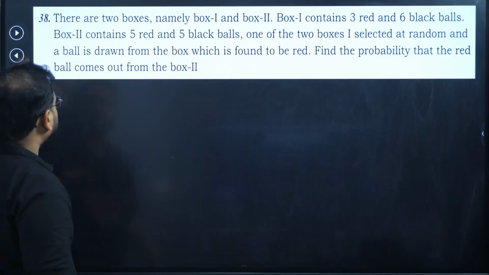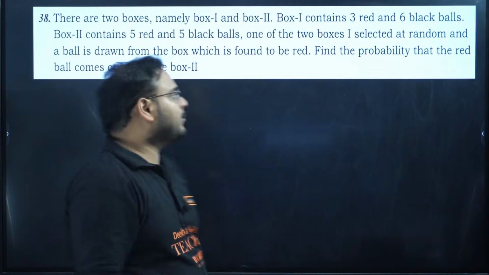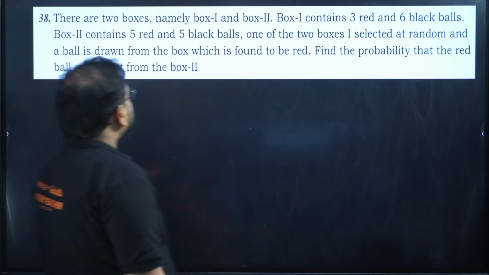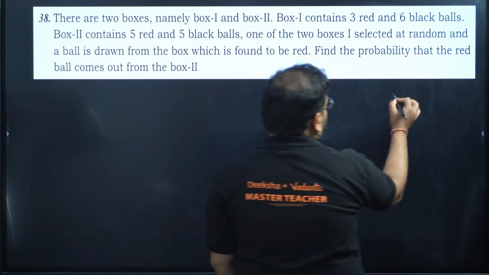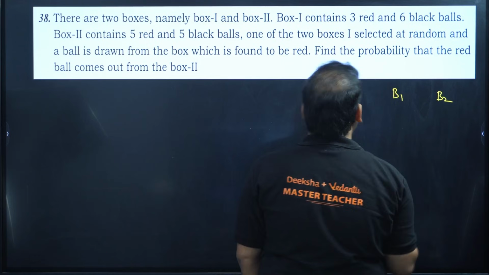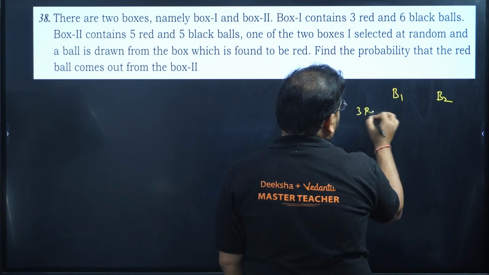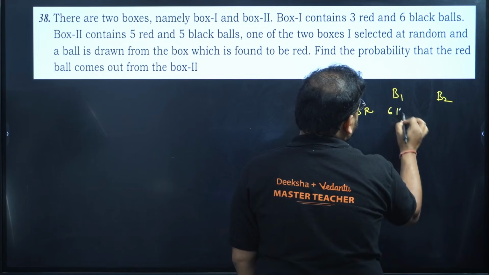Next, 38, a Bayes theorem question from probability, a 3-marker problem. There are 2 boxes, namely box 1 and box 2. Box 1 has 3 reds and 6 black balls.